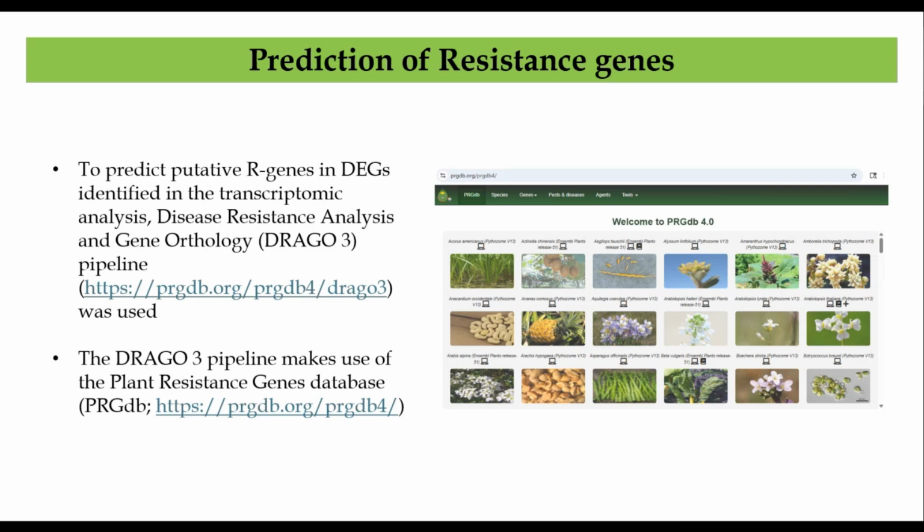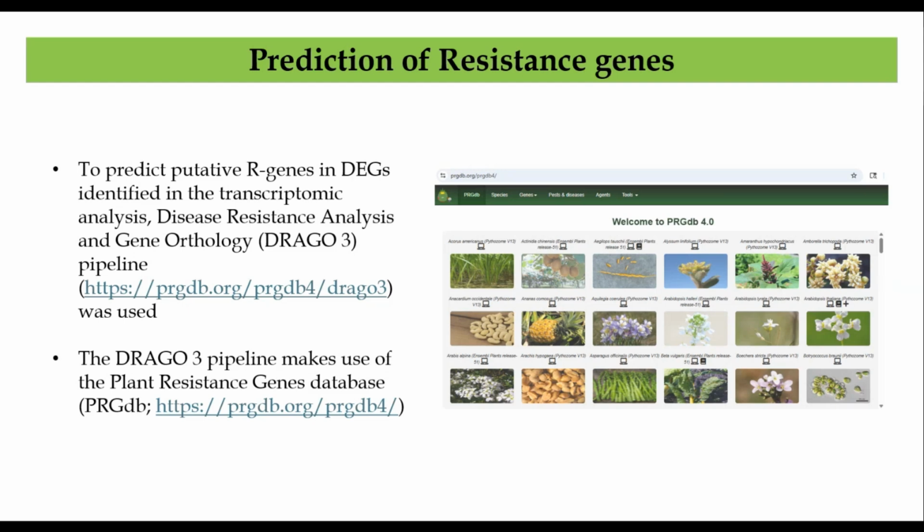So after that we wanted to look at the resistance genes in our data set. We talked about molecular kinases, protein serine kinases, which are linked to disease response, that typically happen to be disease resistance genes. So we're going to predict the resistance genes that are present in our data set.